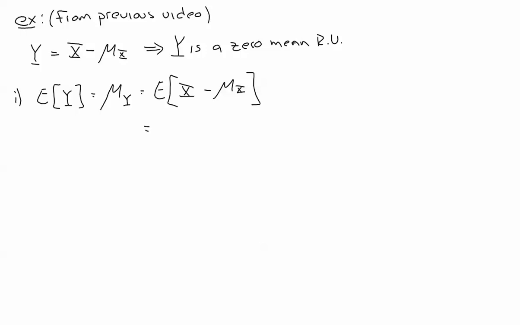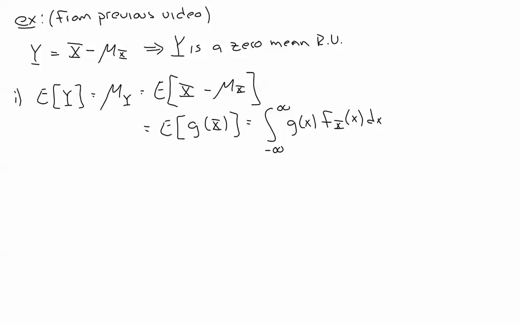And this is the expected value of a function of x, and that can be found by integrating from minus infinity to plus infinity of g of x times the probability density function of x dx. And that then can be written as integral from minus infinity to plus infinity of x minus mu x times the probability density function.